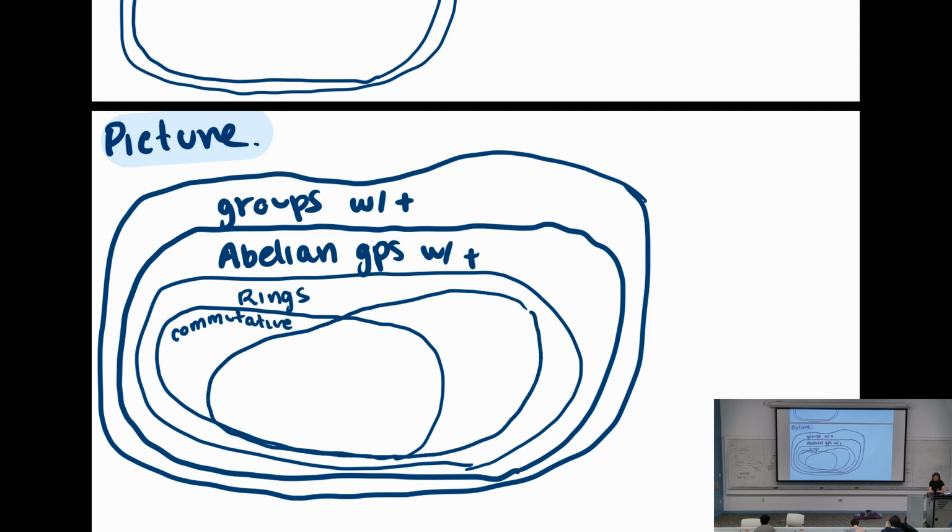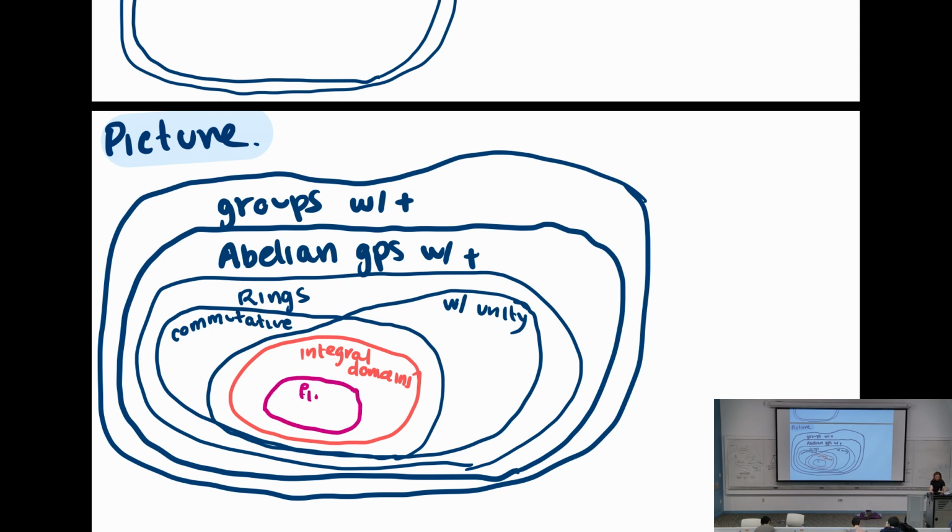And then these will be the ones with unity. Okay, and then among commutative rings with unity, we have integral domains. And then within that, there's fields. Okay, so this is just a diagram of the things that we've studied so far.